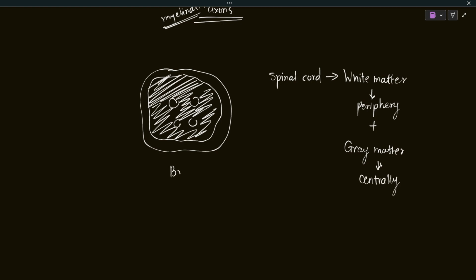While in the brain, white matter will be located centrally and there will be a thin lining of gray matter on the periphery.